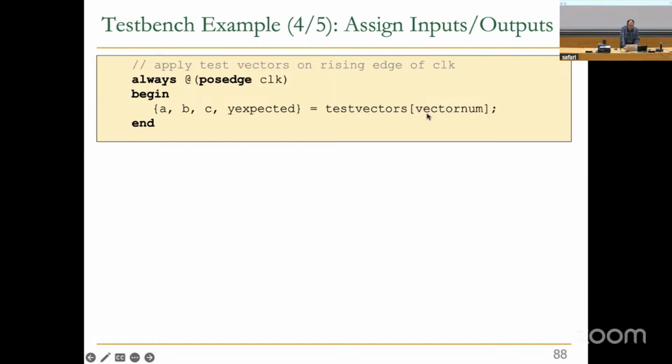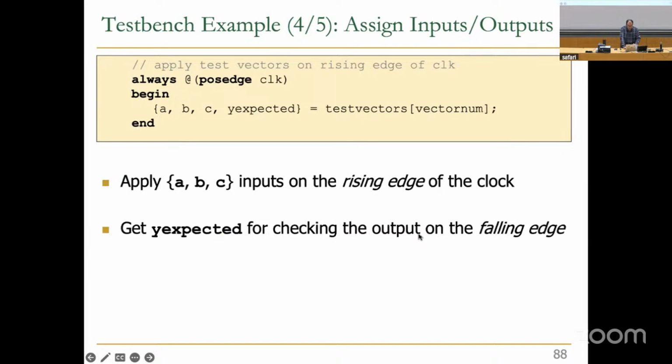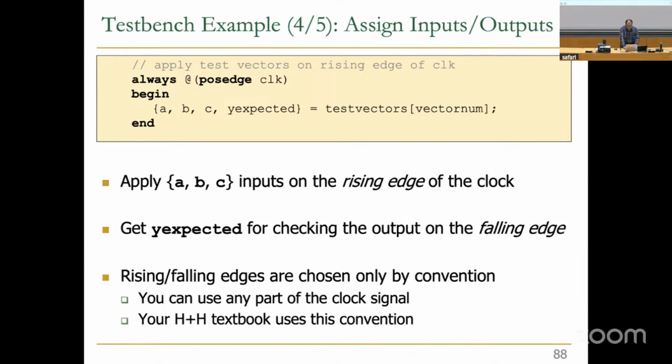And then you're mapping that to your inputs as well as y expected. Y expected means the output that I'm expecting, so you're moving the output from the file into y expected. We apply the ABC inputs on the rising edge of the clock and get y expected for checking the output on the falling edge.